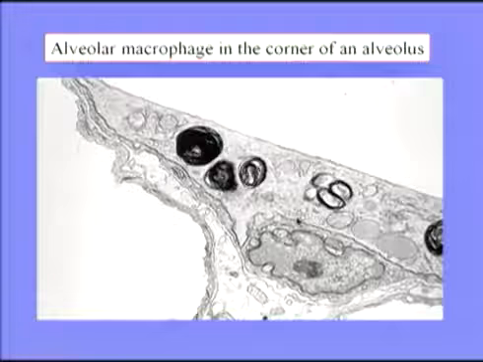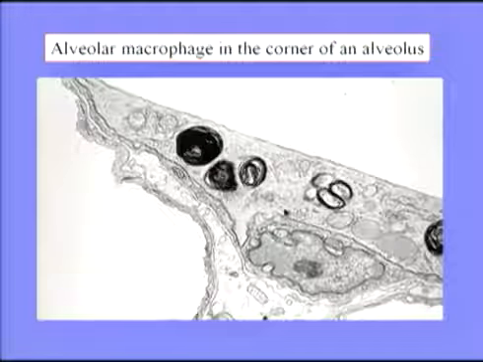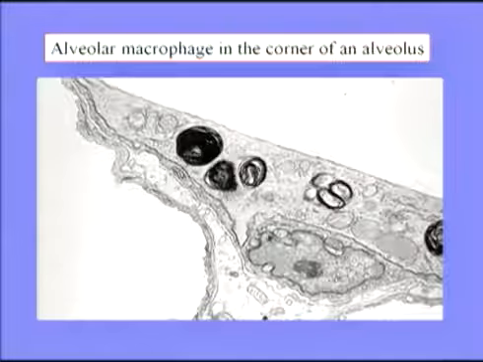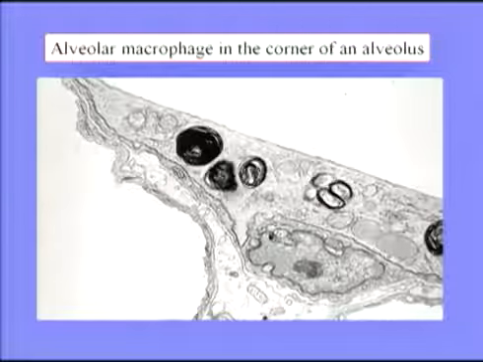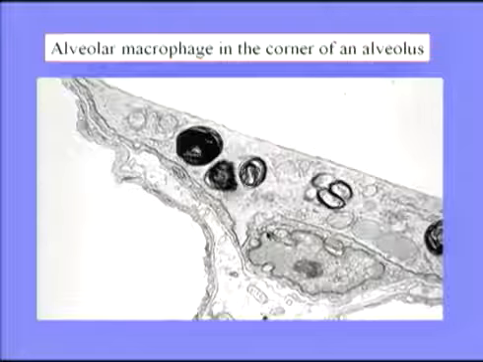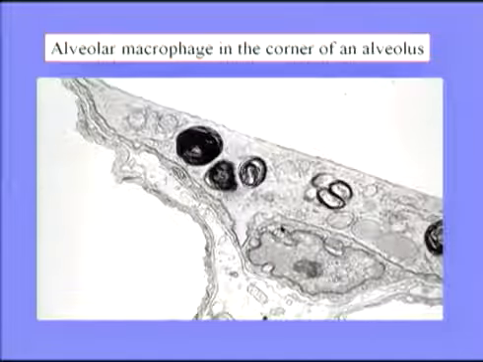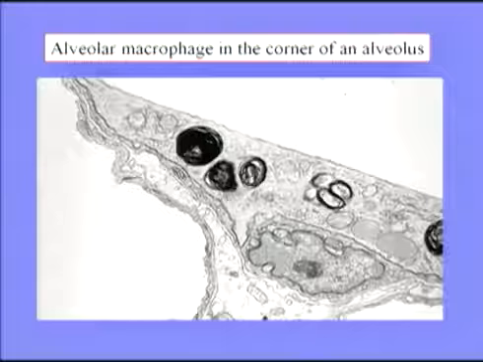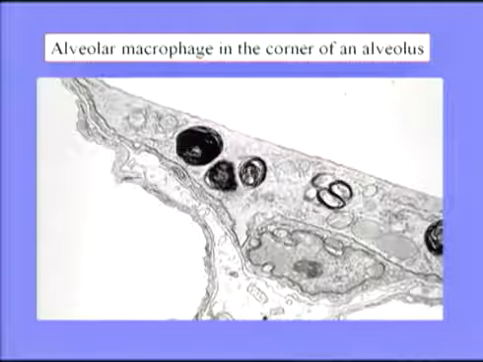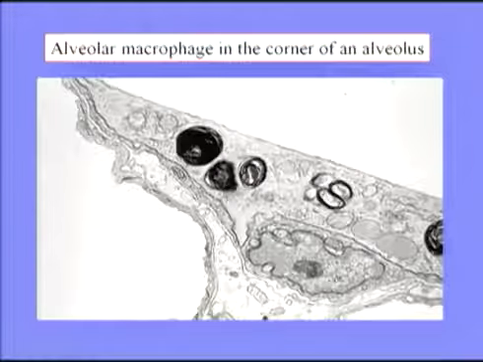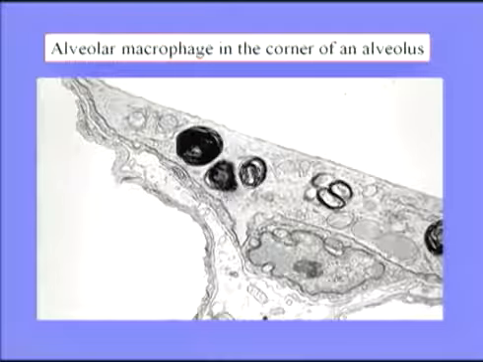So what we've got is the alveolar macrophage lurking in the corner of an alveolus and picking up whatever shouldn't be there and phagocytosing it. And you'll notice that it's picked up some material here, and these are remnants of surfactant. As I mentioned earlier, surfactant turns over quite rapidly, and the remnants are picked up, in part at least, by macrophages, as shown here, and this is part of the business of keeping the alveoli clean.